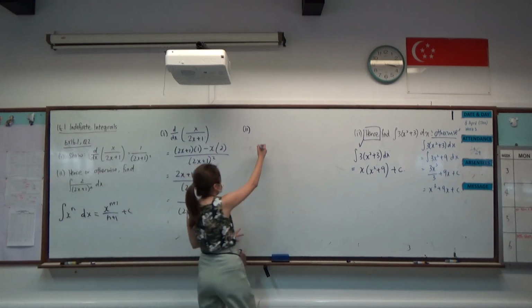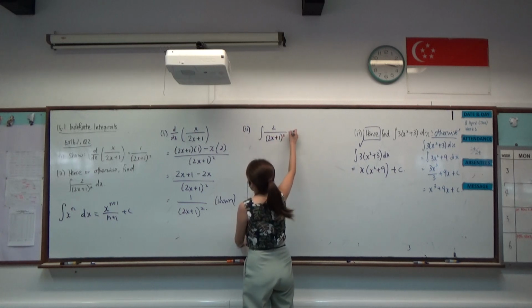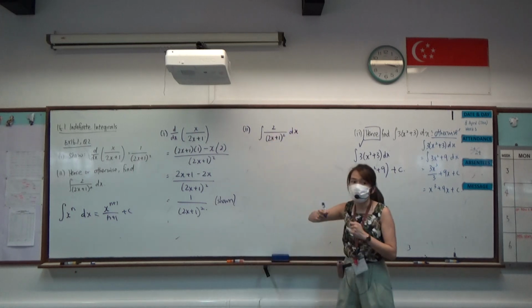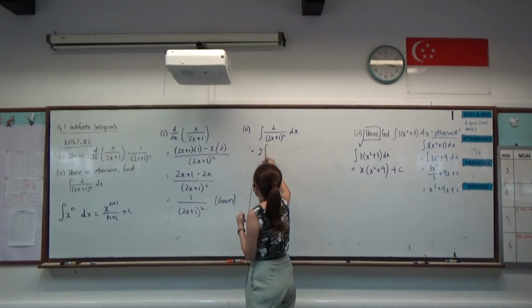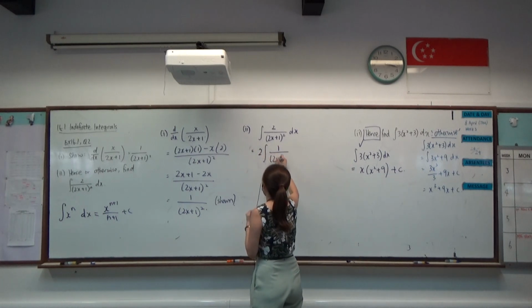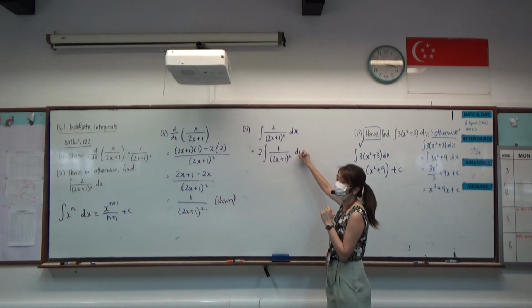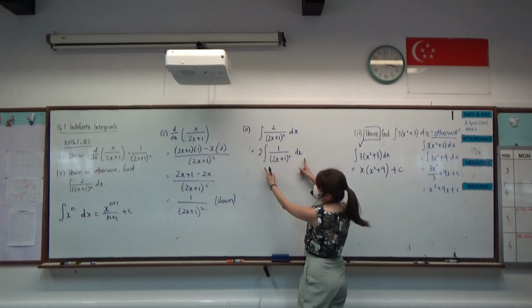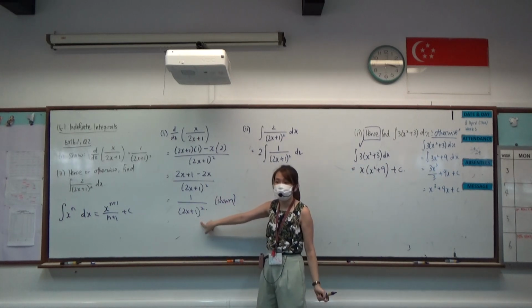That's where we know that 2 itself is a constant number. It is as good as thinking as though it is a 2 times the integration of the fraction 1 over 2x plus 1 squared dx. So I see that over here, this thing inside is exactly the same as this.